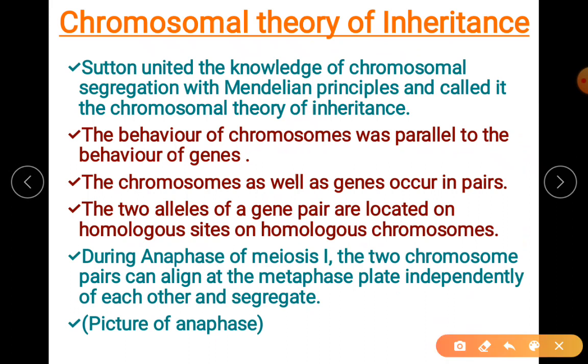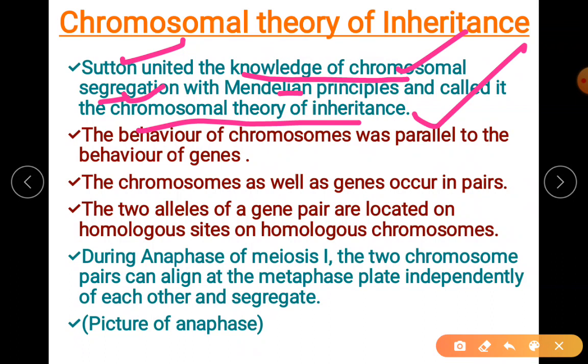So what is that chromosomal theory of inheritance? 5-mark question. Sutton united the knowledge of chromosomal segregation with the Mendelian principles. So whatever 3 laws you remember, those are your Mendelian principles. And uniting the knowledge of chromosomal segregation, that is how the movement of chromosome occurs. So together with the Mendelian principle, he brought forward chromosomal theory of inheritance, widely accepted, universally acknowledged.